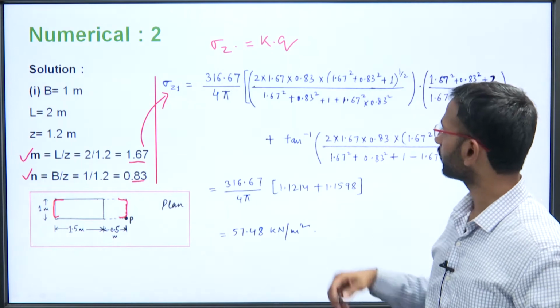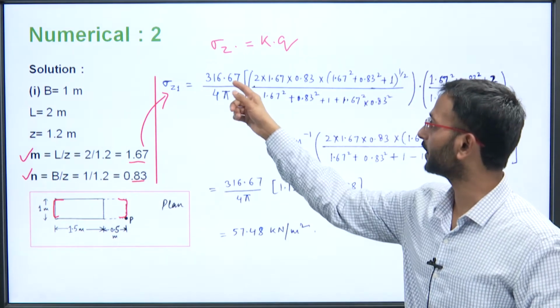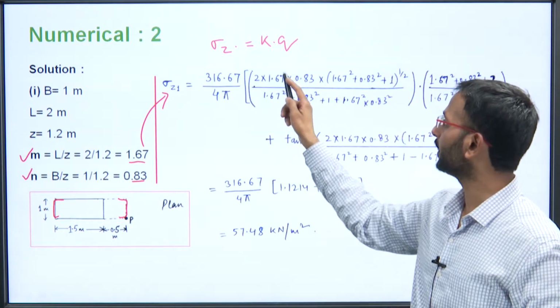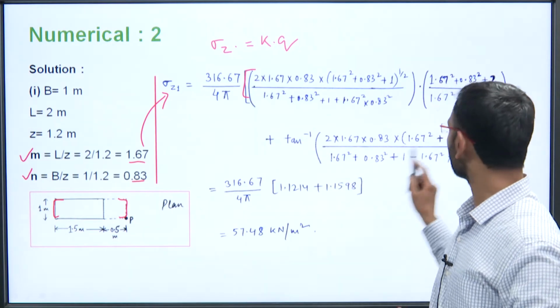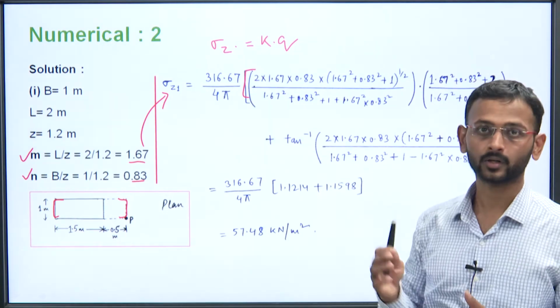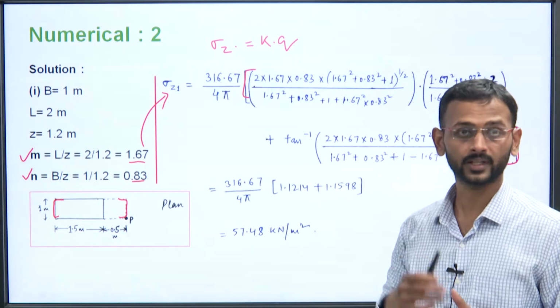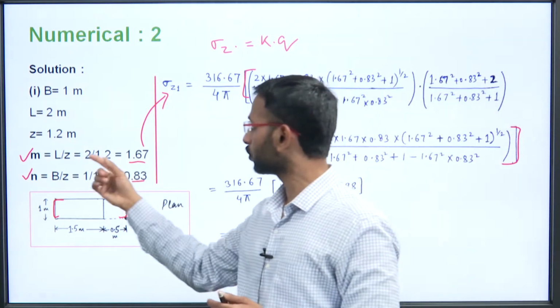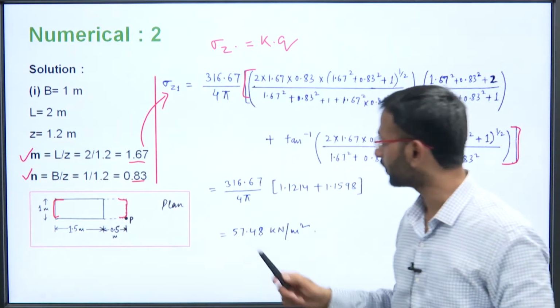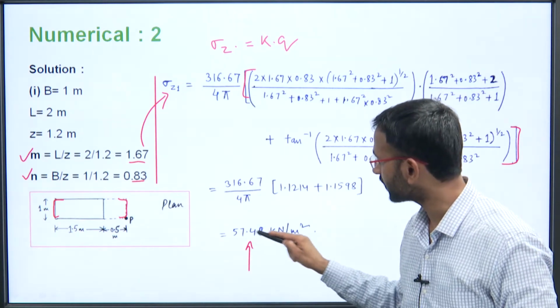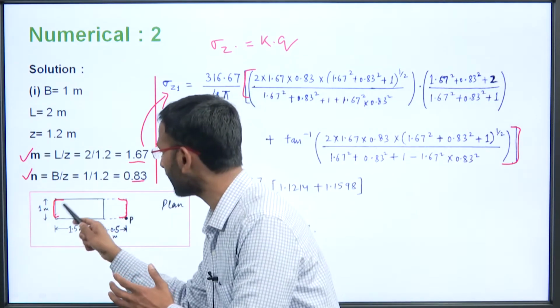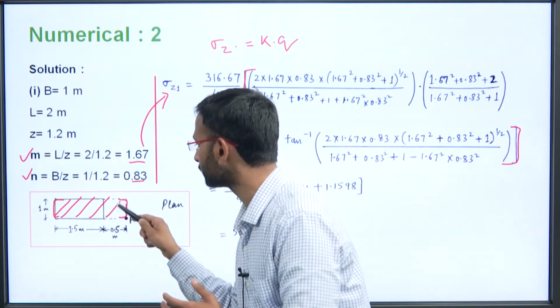So q will be this one, that is the load intensity, and 1 by 4 pi into the entire formula which is being used there. We have simply put the values, nothing much here, and we have got the value of sigma z1, that comes out to be 57.48, and this is due to the entire loaded area.